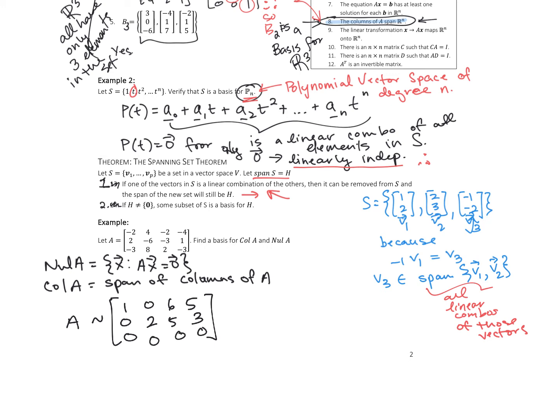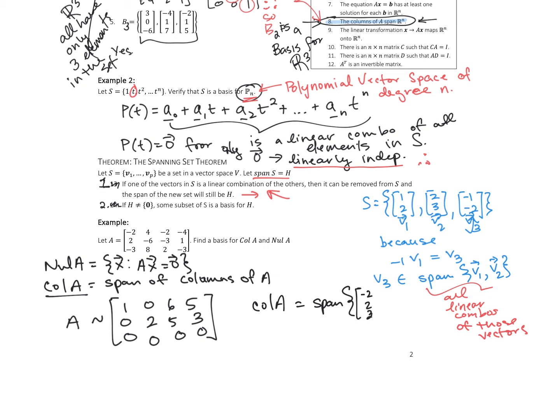And the reason I'm doing this is to actually find out about the column space of A. So the column space of A, you ready? Okay. So the column space of A is defined as the span of each of those vectors, right?